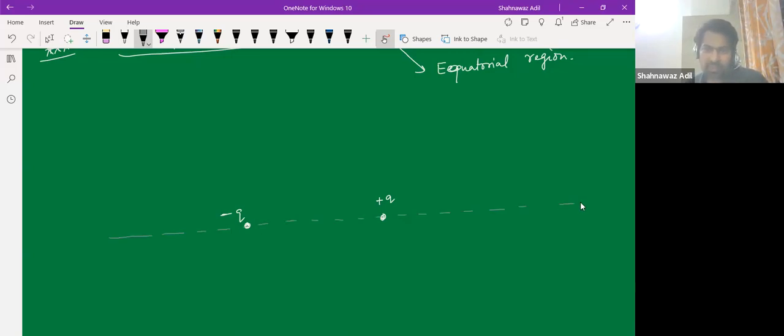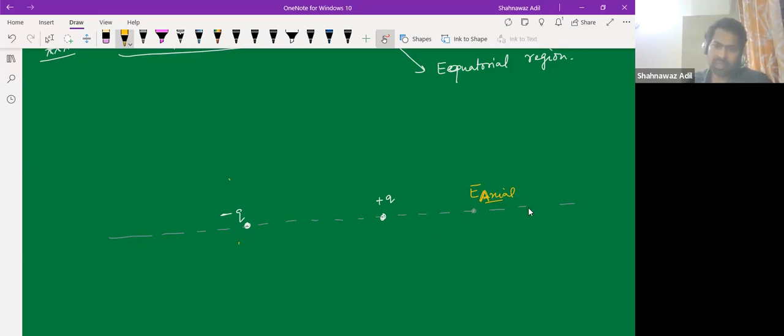If we are calculating the electric field at this region, this is called the axial. This line is called the axial. Inside we cannot calculate the electric field because this is the whole system. So we can calculate the electric field at this point and at this point.